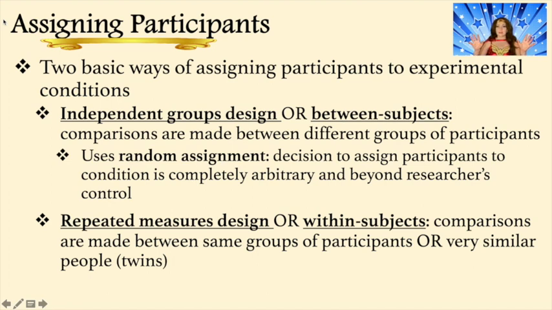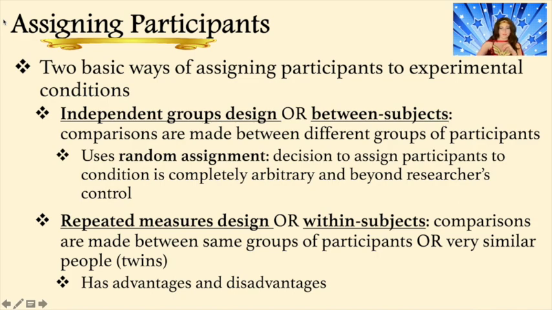So anytime you have measuring the same people more than once, or if you're measuring people that are very, very closely related, you would be using repeated measures design. But anytime that you're comparing different people to each other across different conditions, that would be independent groups or between subjects design.